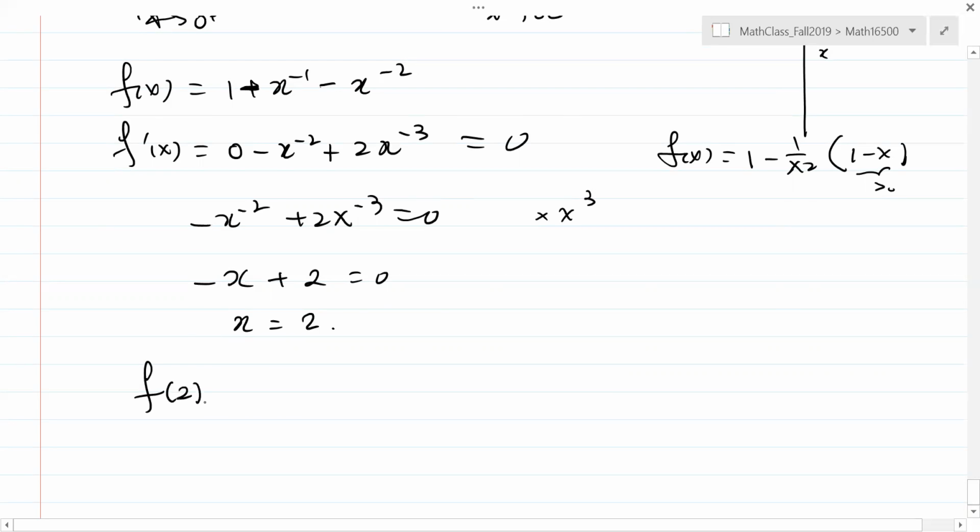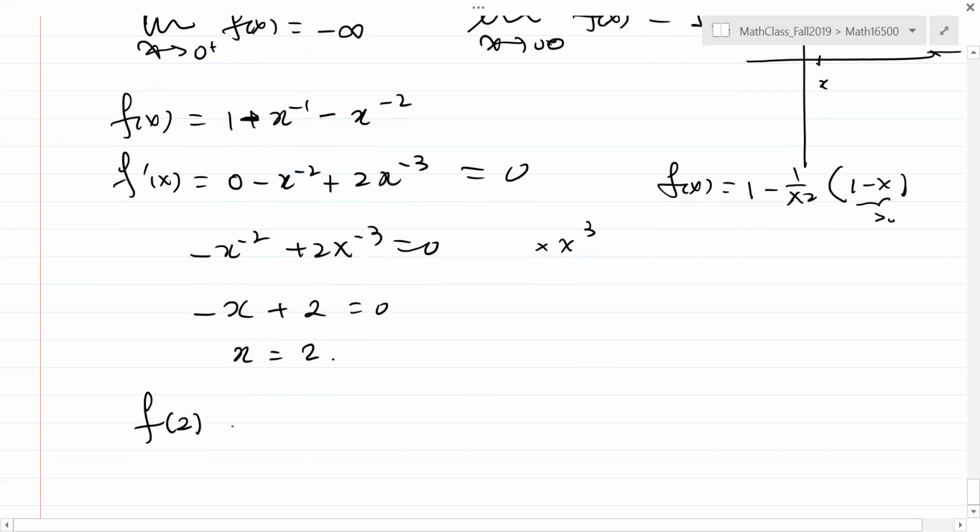Let's look at f of 2. f of 2 is going to be 1 plus 1 over 2 minus 1 over 2 squared. Okay, it's 1 plus a quarter. It's a positive number.